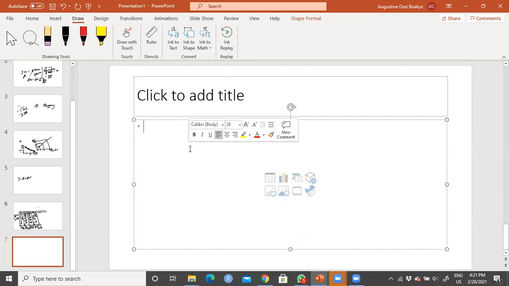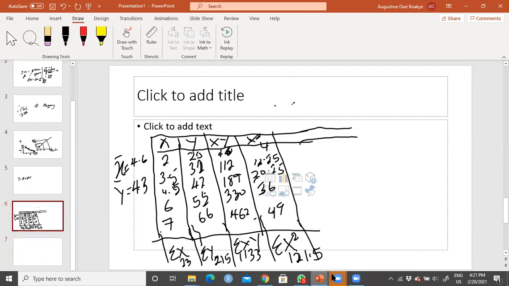So the formula is given by the B. Hello, are you there? Yes. Good. So all this part, what is it trying to solve? Which part of the formula is it trying to solve?